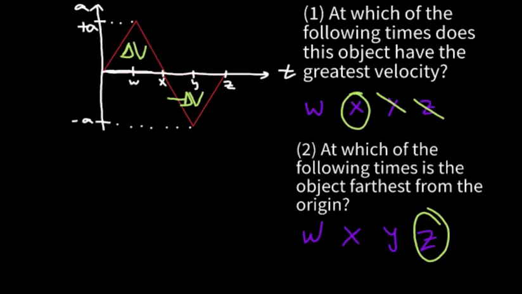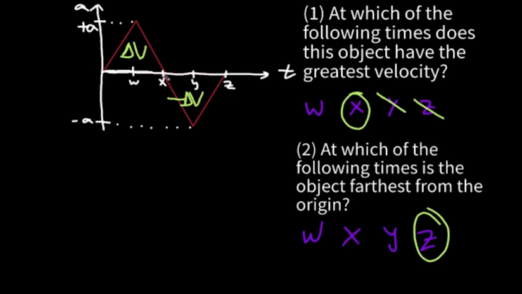Maybe to clarify a little bit more, because this can be a little bit hard to grasp, we are saying that these are equally spaced intervals. So basically, in this first part, from time t equals 0 to time t equals x, the object is accelerating positively and its velocity is increasing over this entire interval. The acceleration is positive throughout this entire interval.